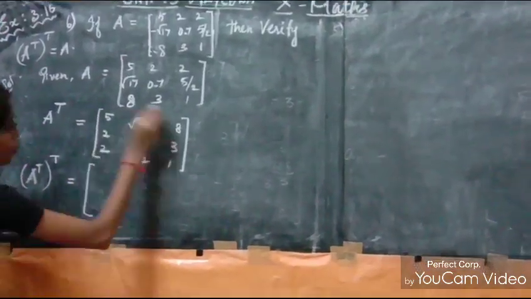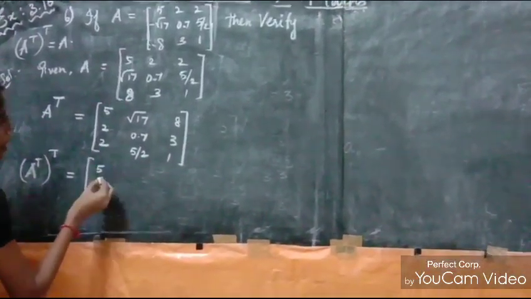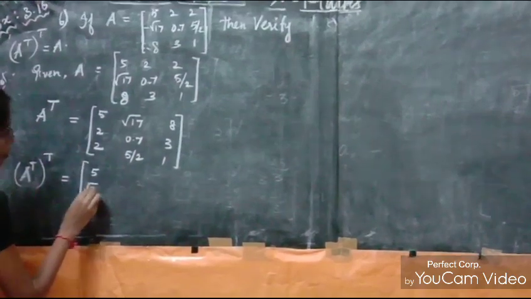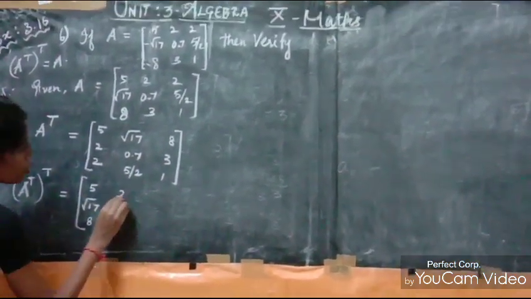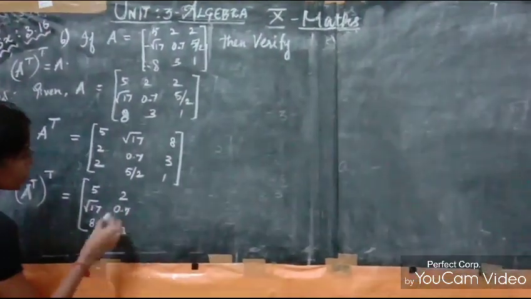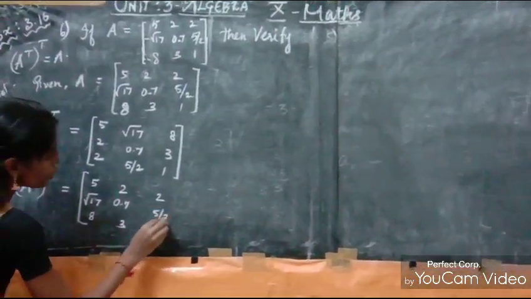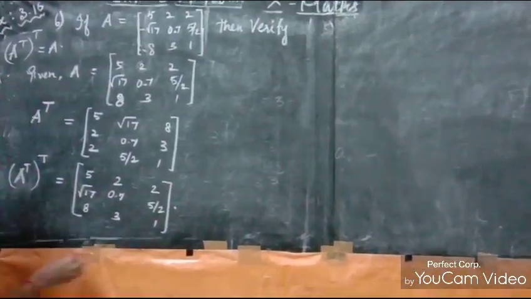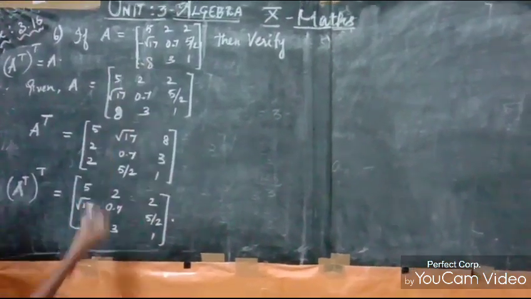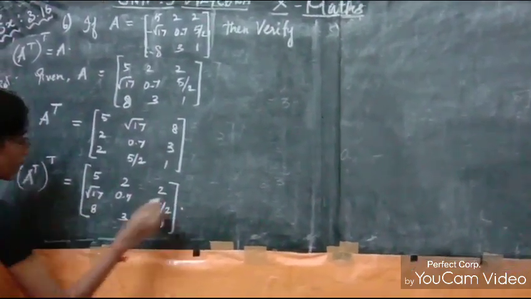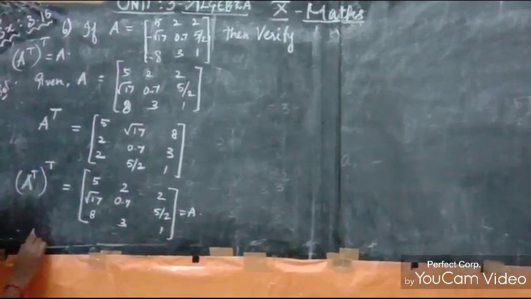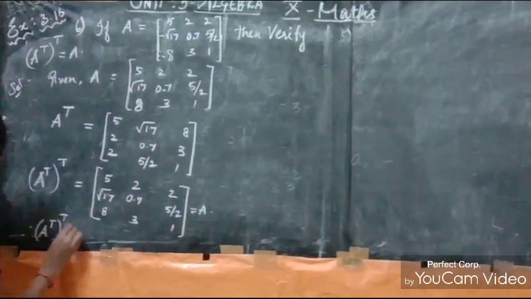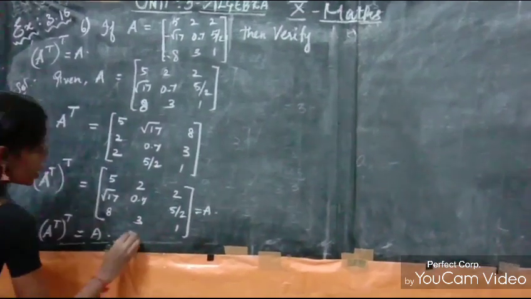Again you have to interchange the rows and columns. 5, root 17, 8, 2, 0.75, 3, 2, 5, 1. Now we get the value. Therefore A transpose whole transpose is equal to A. Hence it is verified.